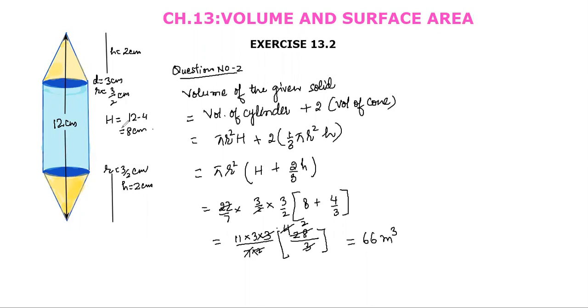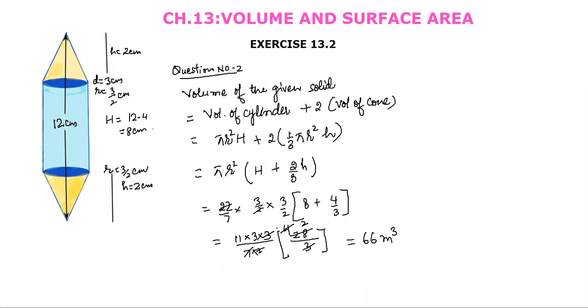A cone is attached to each end of the cylinder, and as it is visible in the figure, it is given in the question that the diameter of the cylinder and that of the two cones attached to it is the same.